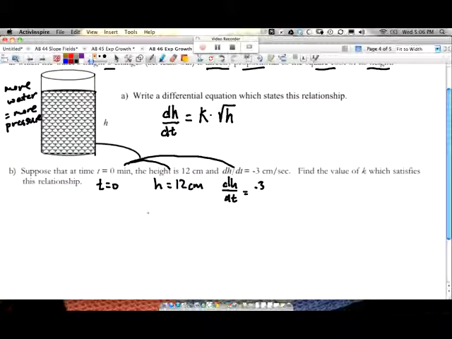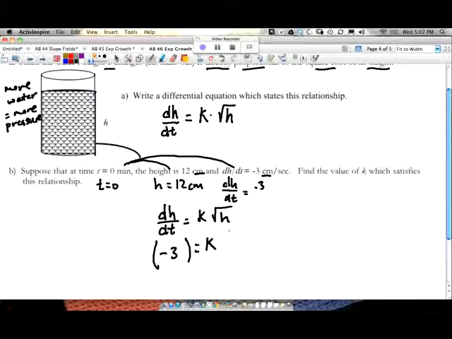Look at what we have up here. We have dh/dt, which is negative 3. So if I start with dh/dt equals k times square root of h, this first piece, dh/dt, is negative 3, it says. And it's important here that these are in common units. That's a big deal. So negative 3, and then k, we don't know, so I'm going to leave the k in there.